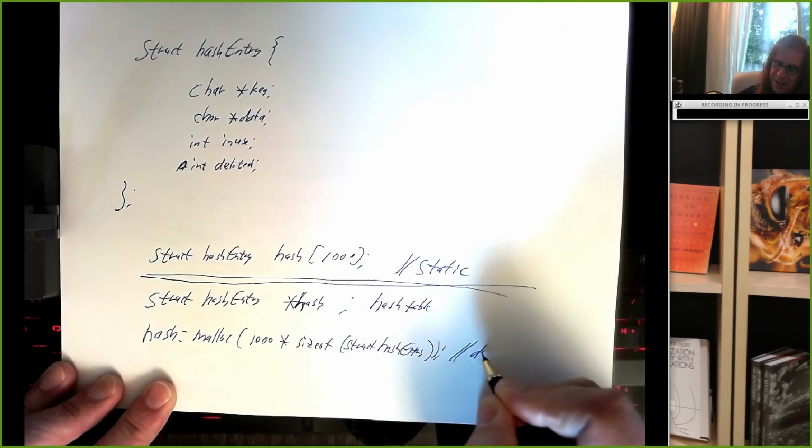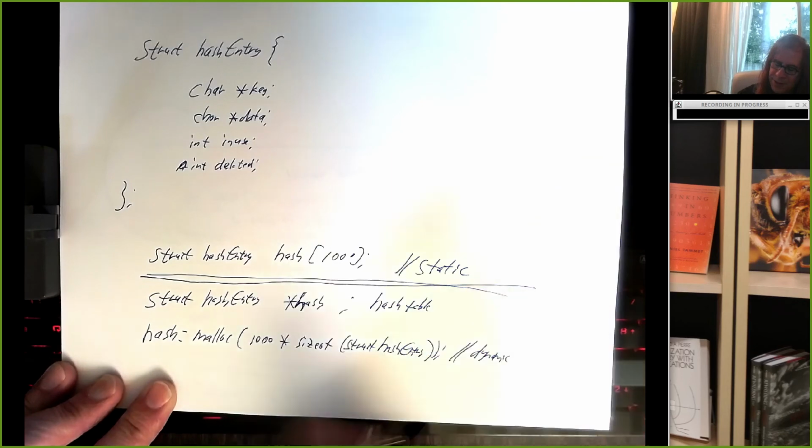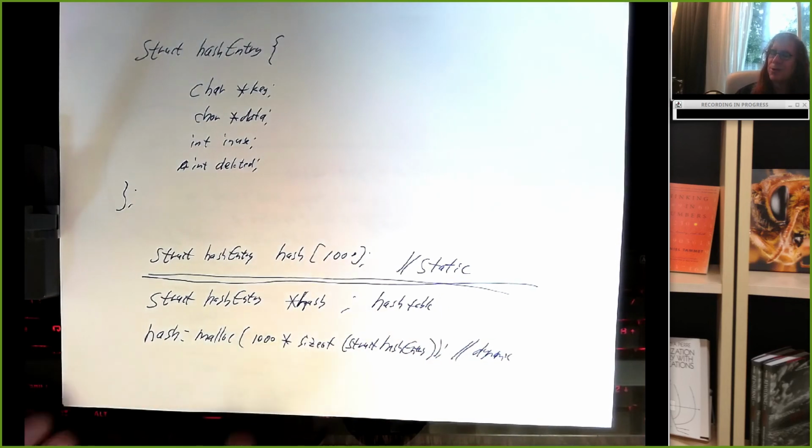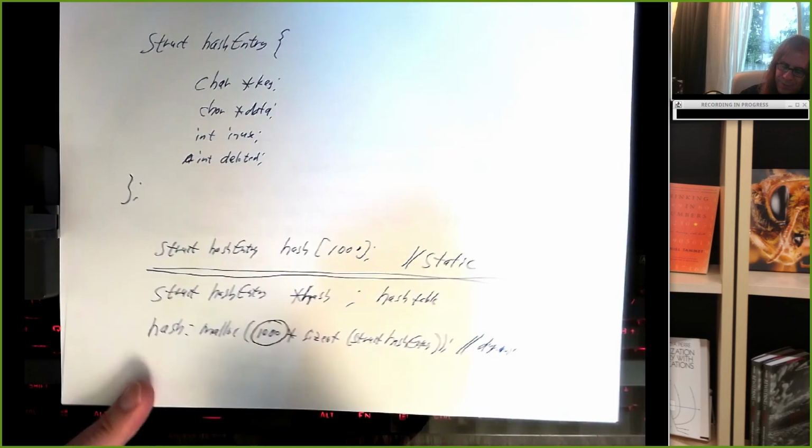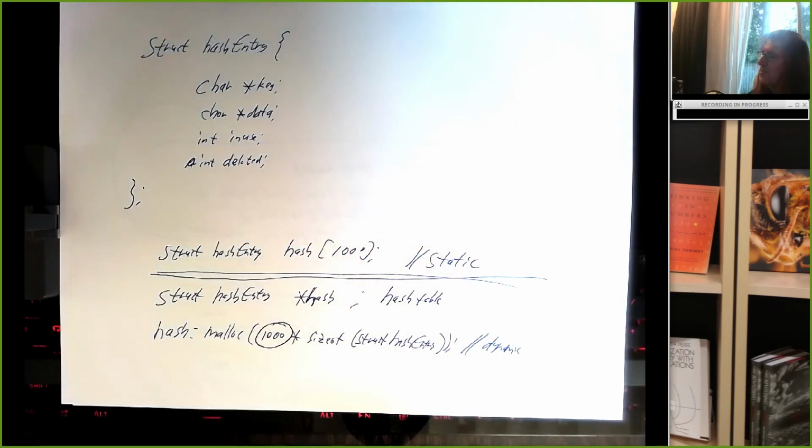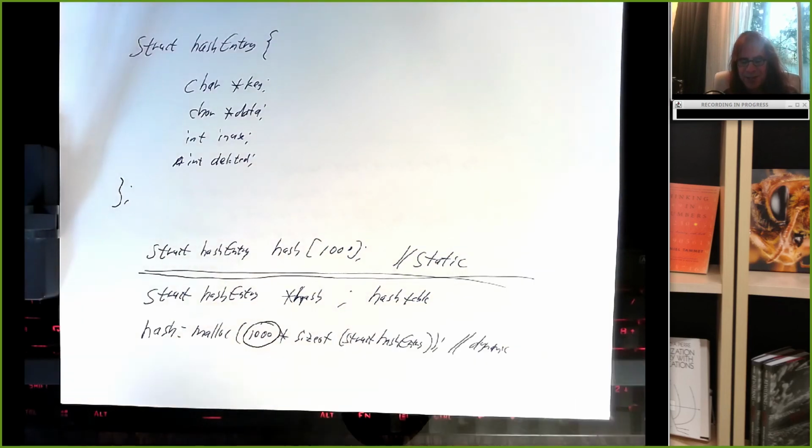And this is dynamic. This happens while our program is running. And the advantage of doing this dynamically is that this 1,000 could be a variable. This could just be some, you know, how big do you want to make the hash table to begin with?